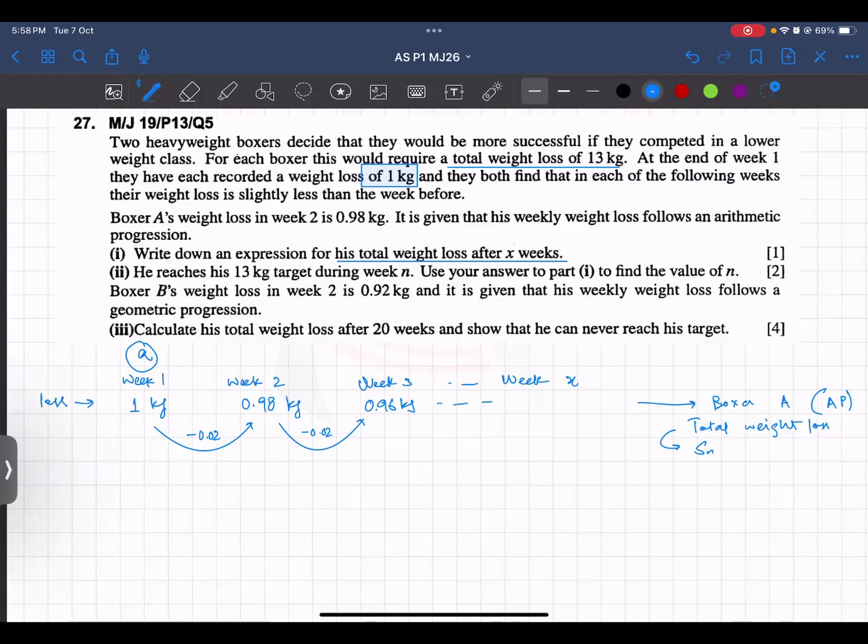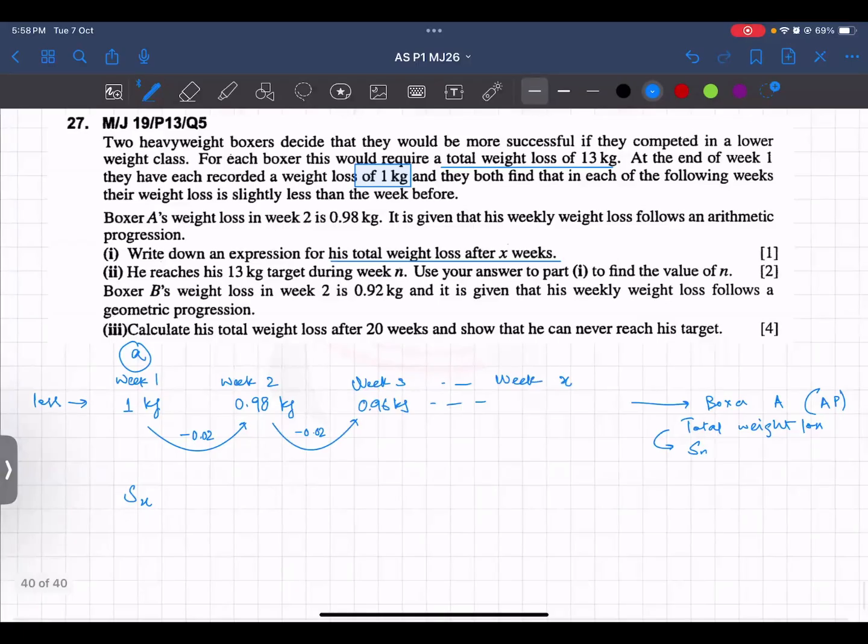The sum of all of the weight losses in all of the weeks together will be the sum formula, for which your a is 1, your d is minus 0.02, and your n is x. We don't know n, how many weeks. So x upon 2, 2 times 1 plus x minus 1 into d. d is negative 0.02.